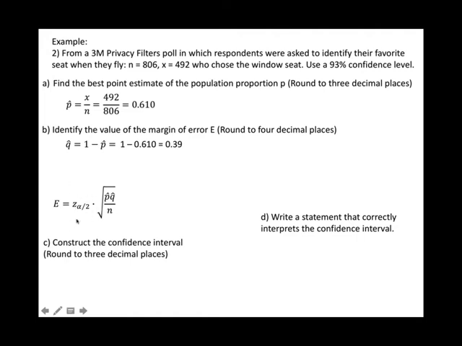And then we need to find the critical value for the 93% confidence interval. So you should have 0.965 here. The critical value, you're gonna get 1.812. Okay, plug into this formula.